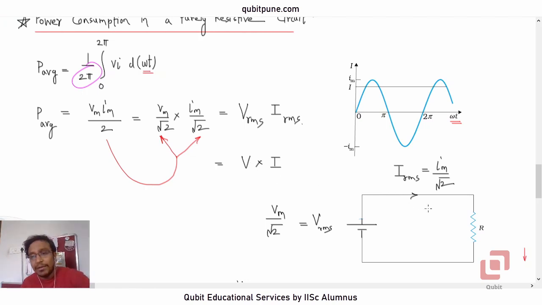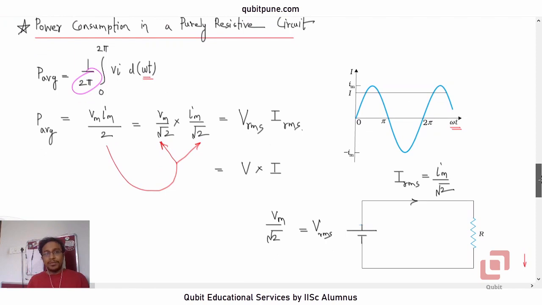So see, for a resistor it doesn't matter, you can talk about power per second, because both Vrms and Irms are not going to change, they are constants, because this is a DC circuit now with constant voltage, correct? So in order to make comparisons and draw useful conclusions, we define RMS quantities here.